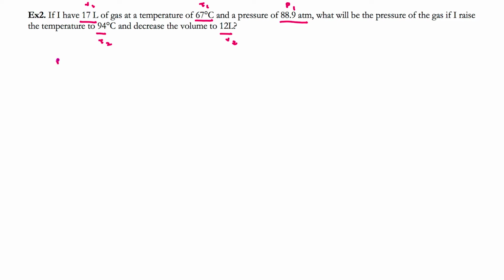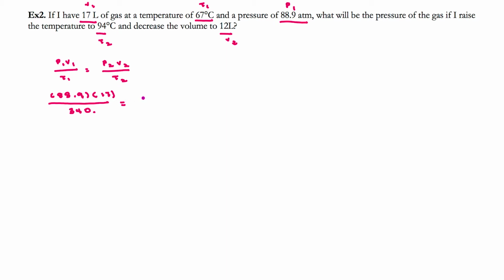All right, so my pressure is 88.9 atmospheres. My volume is 17 liters. And my temperature, I need to take 67 and add 273 to that. So I get 340. And I'm going to write 340 with a decimal point because I want all 3 of these digits to be significant.